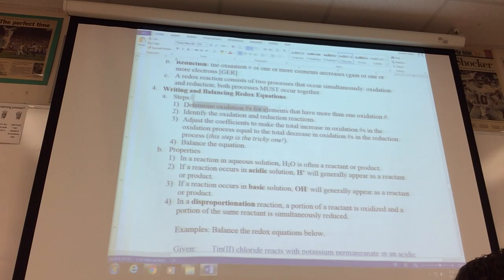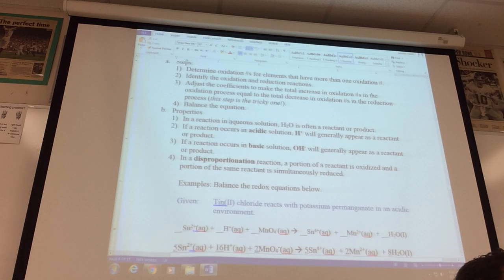First thing you have to do is find the oxidation numbers for the substances that can undergo changes. Figure out which is oxidized and which is reduced. Adjust the coefficient so that the number of electrons in the oxidation is equal to those in the reduction. That's the tricky one. Then you're going to balance. We're dealing with reactions in aqueous solutions, so you'll very often see water as a reactant or a product.